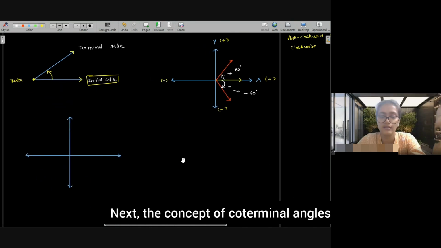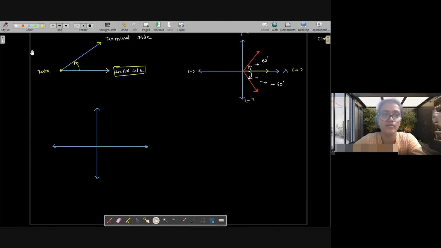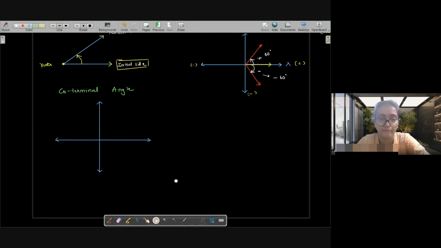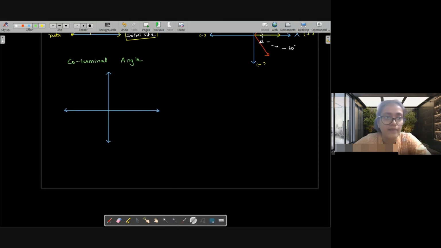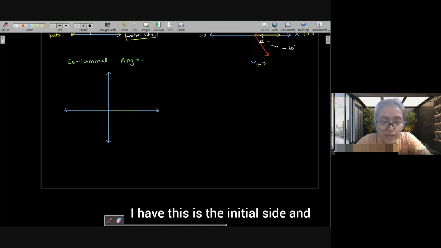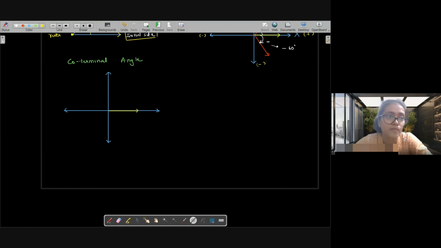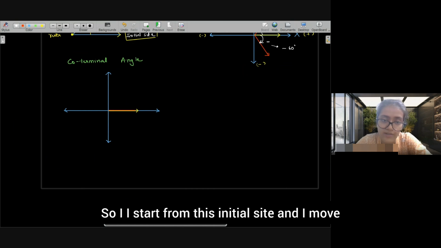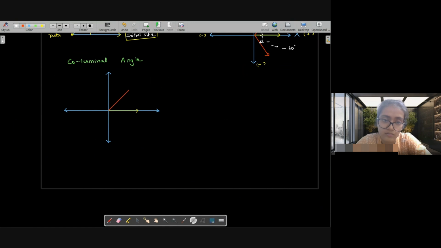Next is the concept of coterminal angles. So let's say this is the initial side and my terminal side. I start from this initial side and I move in the anti-clockwise direction.